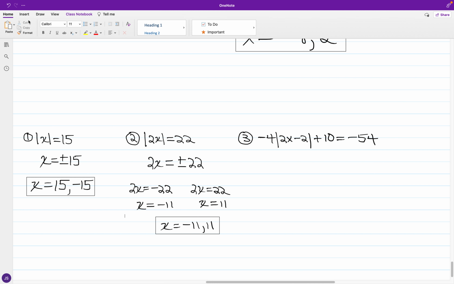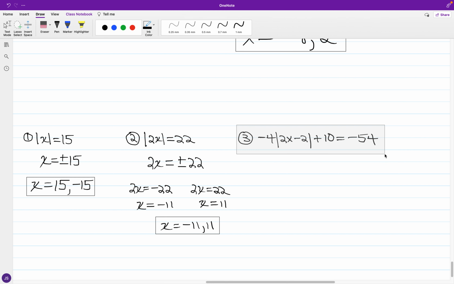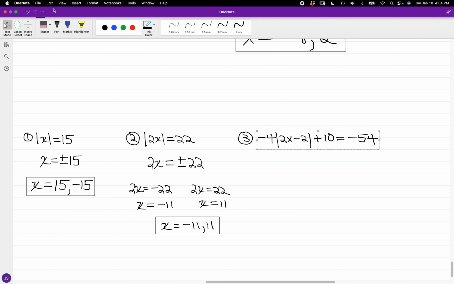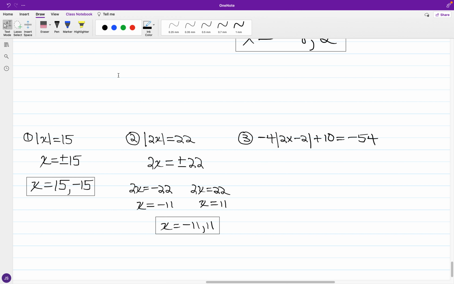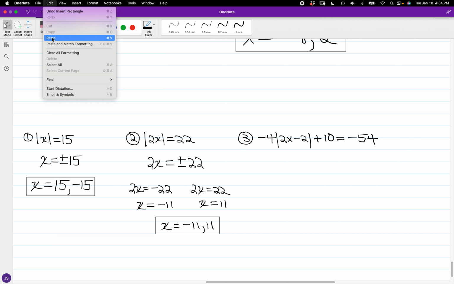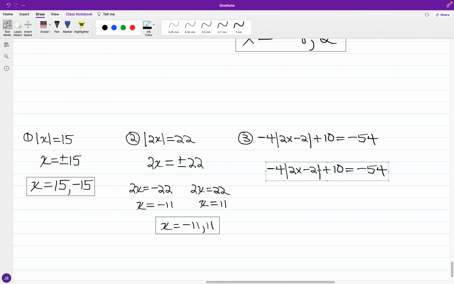All right. Now, for the last of these equations, we have negative 4 times the absolute value of 2x minus 2, followed by the addition of 10, is equal to negative 54. Again, we do not treat the absolute value of 2x minus 2 grouping as you would parentheses.